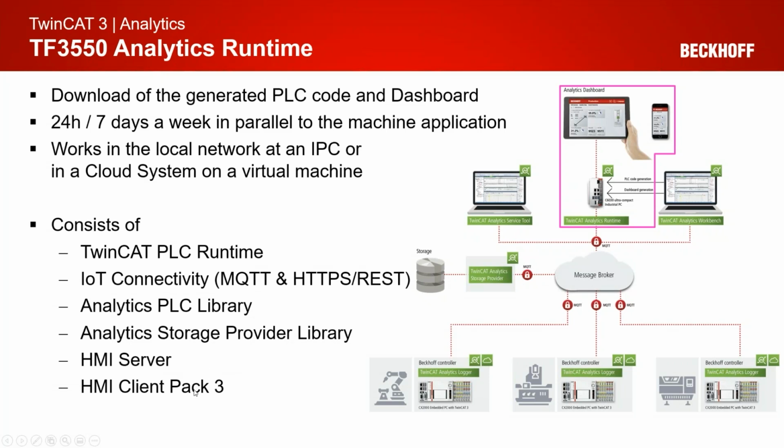Then we have the HMI server and the HMI client pack 3. That means the HMI server already includes a client, making us able to communicate with 4 clients at the same time. So 4 clients can see this dashboard at the same time. So if a service technician and the operation manager talk to each other and take a look on their own tablets, then they can do it.